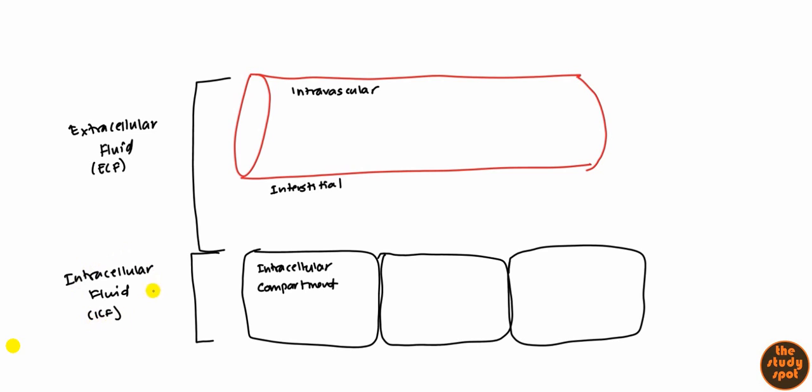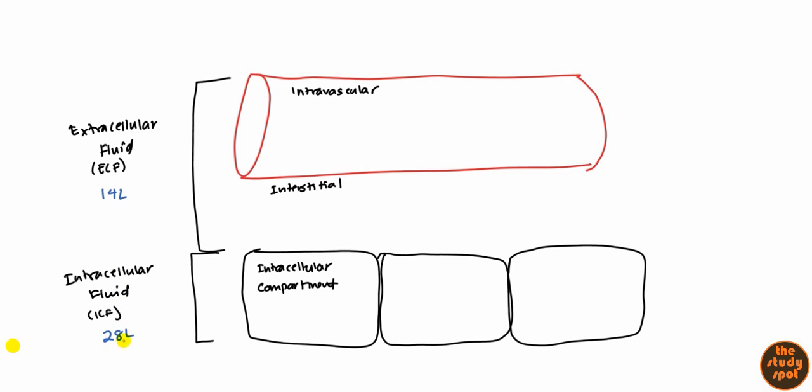When it comes to fluid, there's actually more fluid in the intracellular space, about double. On average, the average person has about 14 liters of fluid here and about 28 liters of fluid in the intracellular area. So you can see it's almost double.